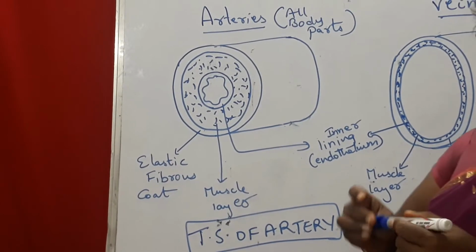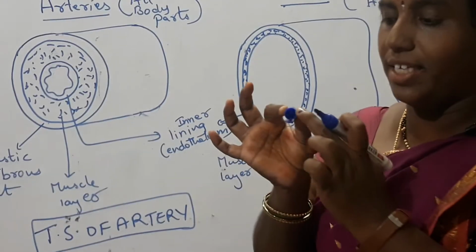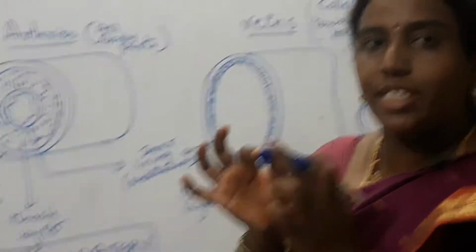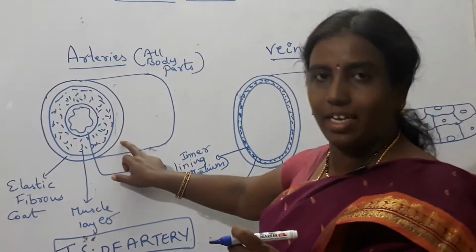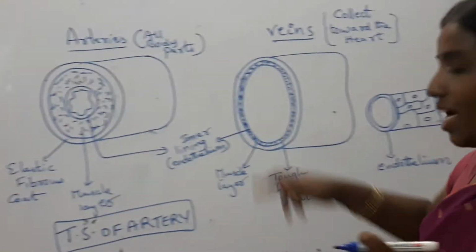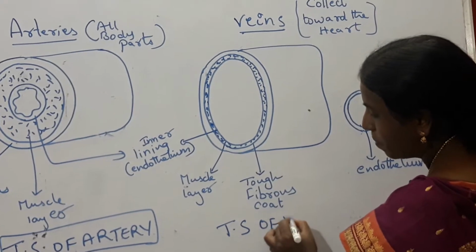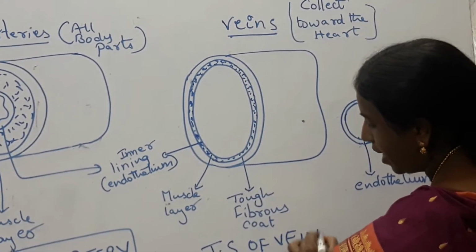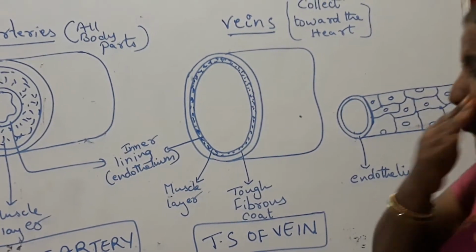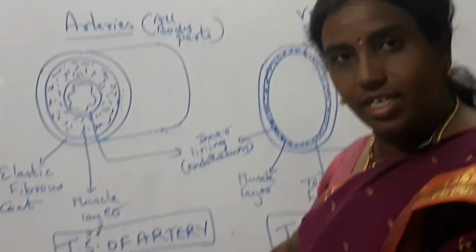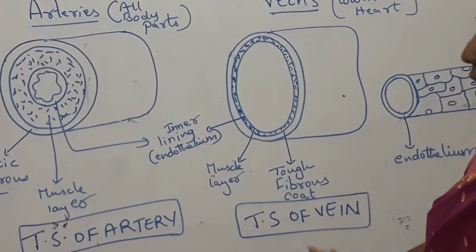When you cut the artery transversely, how it looks is this diagram. Whereas this diagram is the TS of vein. First one is the TS of artery. The second one is the TS of vein.